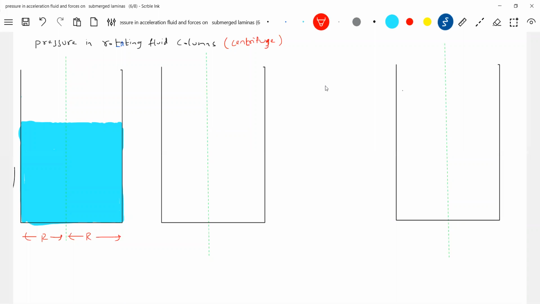So then there's the axis. There's a cylinder. You can try this on your own. Take any cylindrical shampoo bottle or any other thing, fill it with water, and with your hands try to spin it. Then you can see this liquid column.